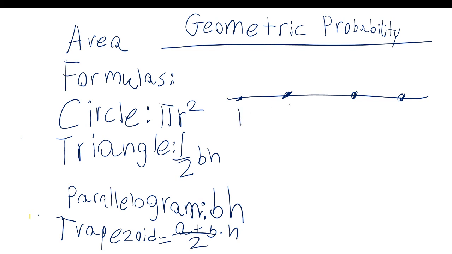So if I have 1, 2, 3, 4, right? And I want to measure the probability that any random point that I choose is closer to 1 or 2 than to 3 or 4, well, I can start by finding the length of this, right?